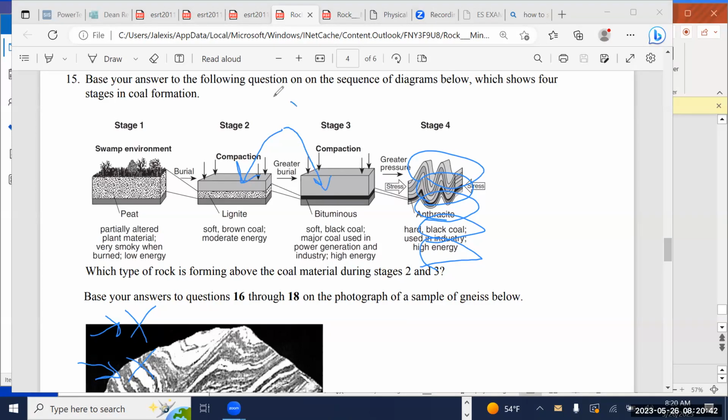So it can't be bioclastic because there is no quote unquote biology in these rocks, right? There is no organic material in these rocks. And it's not crystalline because crystalline is formed through the evaporation of seawater. So that's why if you mentioned a clastic rock, that would be fine too.